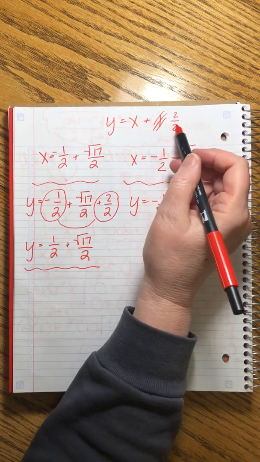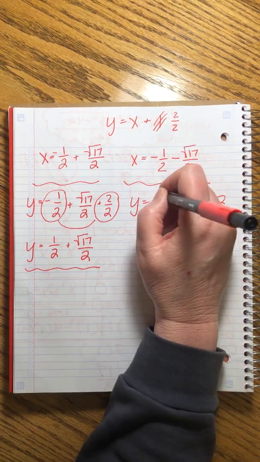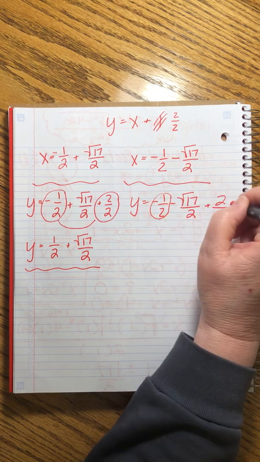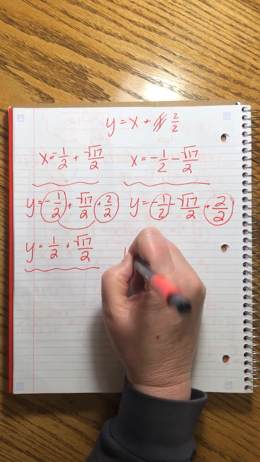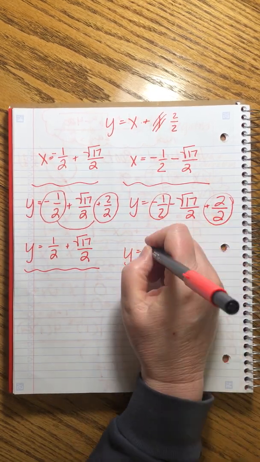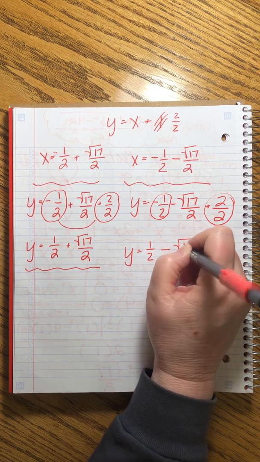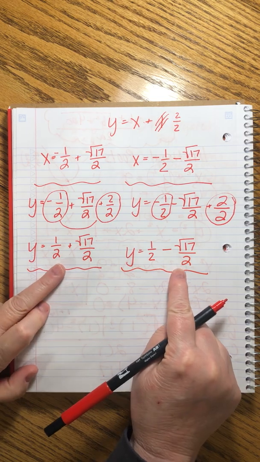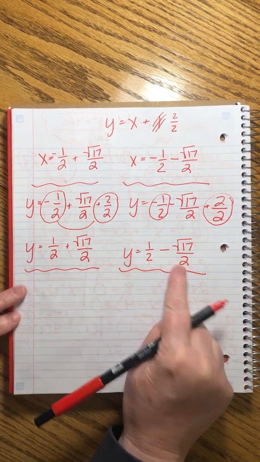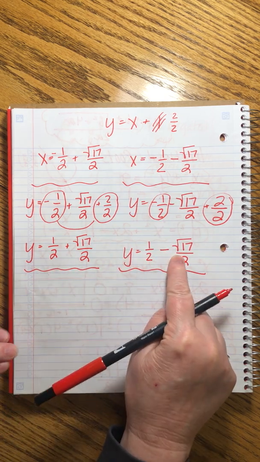We changed our 1 into a 2/2 because we knew our fractions were going to appreciate that. Minus 1/2 plus 2/2 gives us y equals positive 1/2 minus square root of 17/2. So I like how these guys are similar to each other. That feels good.